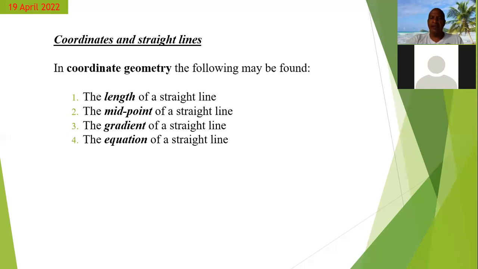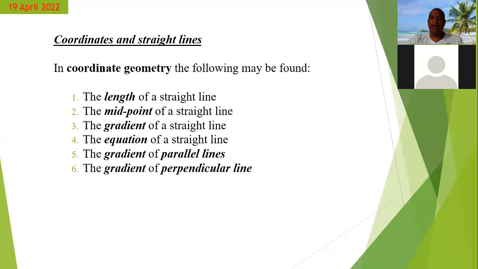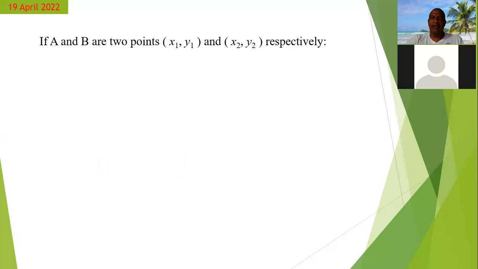We can find the equation of the straight line. We can also look at parallel lines and find the gradients of parallel lines. We can look at perpendicular lines and also find the gradients of perpendicular lines. So these are some things that we'll be learning how to do as we move along in this topic.